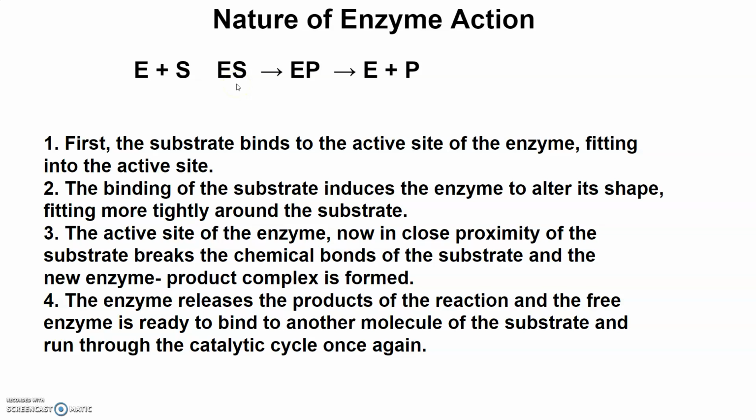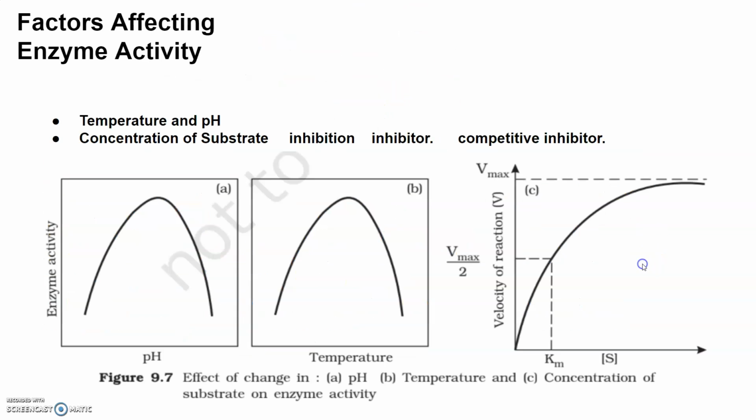The active site of the enzyme breaks the chemical bond, and the substrate becomes the new enzyme-product complex. The enzyme releases the product of the reaction, and the free enzyme and substrate run through this catalytic cycle once again.